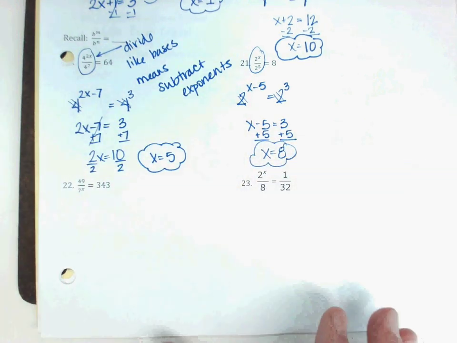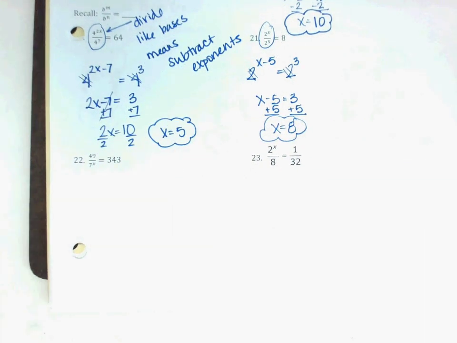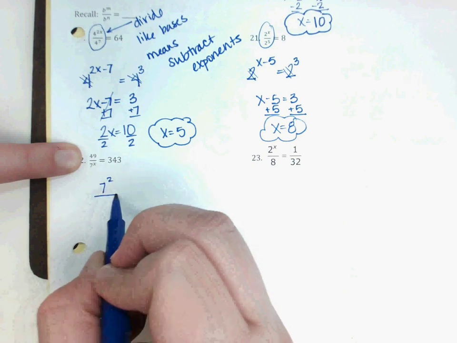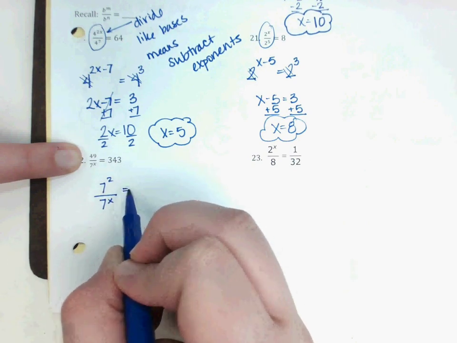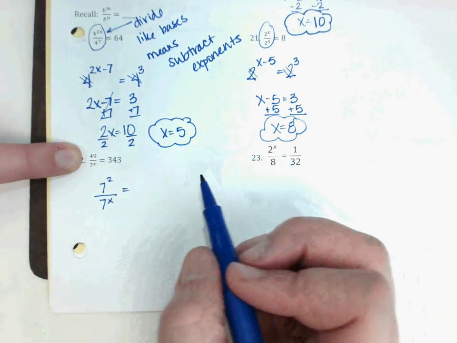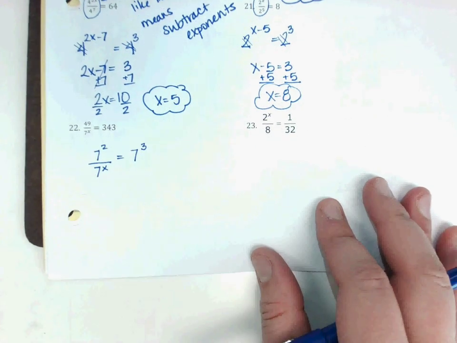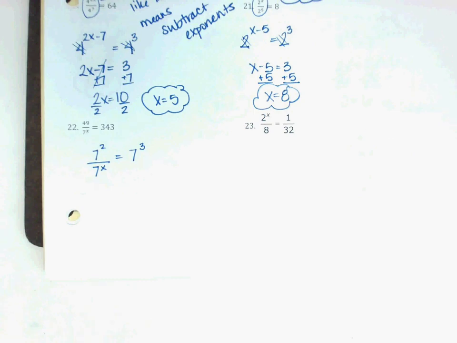Okay, we'll do one more off your notes, then we'll do one of these off the homework. Look at 22. I need all of those bases to be the same. So look in your 7s chart. What is 49 as a 7? 7 to the 2 over 7 to the x. And then what'd you say 343 is? 7 to the 3. So the first thing I do is I make everybody be a base 7.